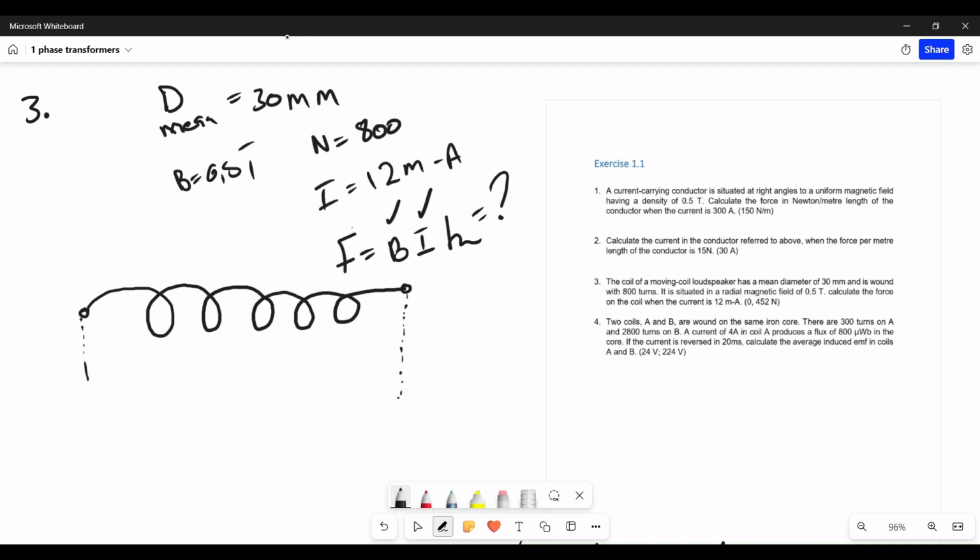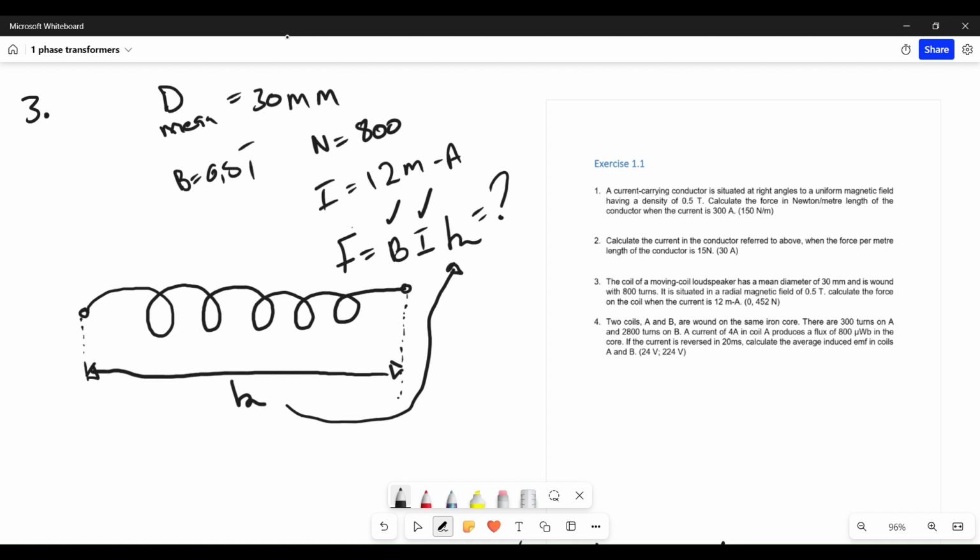So we know that this coil must have a length. Okay, it must have a length. So this length, this is the L that we need to find.